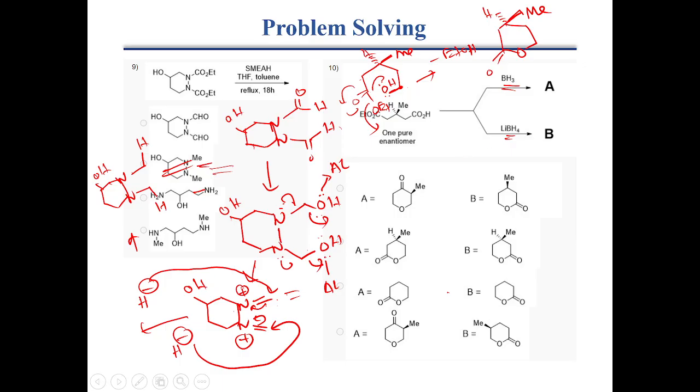Lithium borohydride is a milder reducing agent than borane, so it will reduce ester to alcohol and the acid remains. Now this alcohol is further activated by the boryl boron.